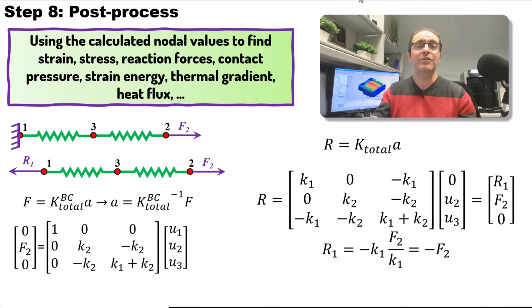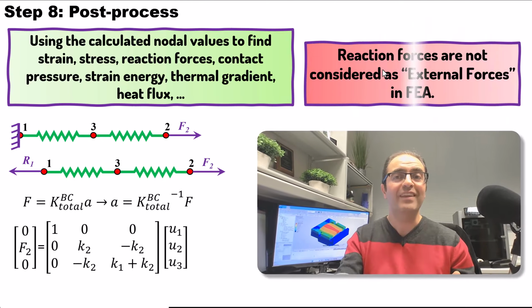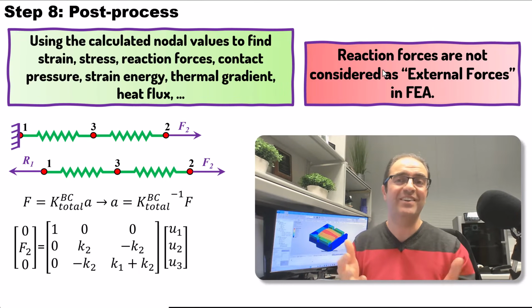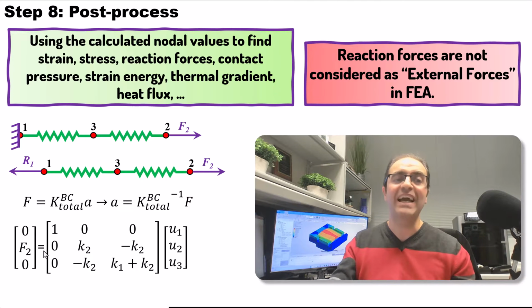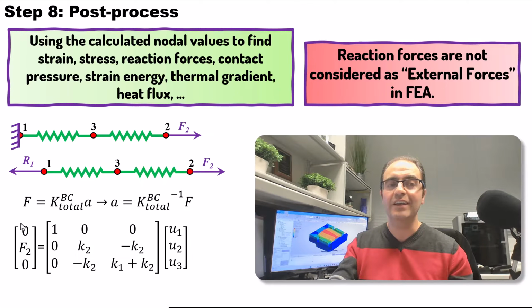It turns out that when you want to apply the external forces in finite element, reaction forces are not considered as external forces. You remember that at step 6, we applied the external forces and also boundary conditions, but for external forces in here for node 1, we didn't put R1, we just put 0.